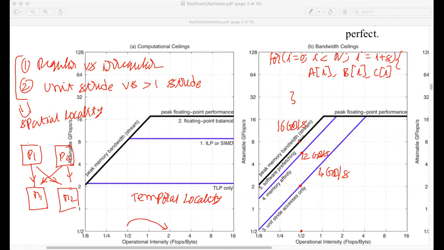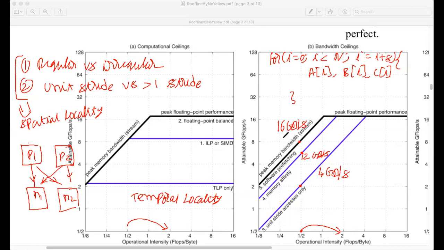Once you hit the roof and it's no longer possible to do any more memory optimizations, but you still see that the processor has the potential to do more computations, then you try to move in this direction. You try to increase the operational intensity from half to 1 or 2 or something like that, so that you can get the best performance possible from your system.